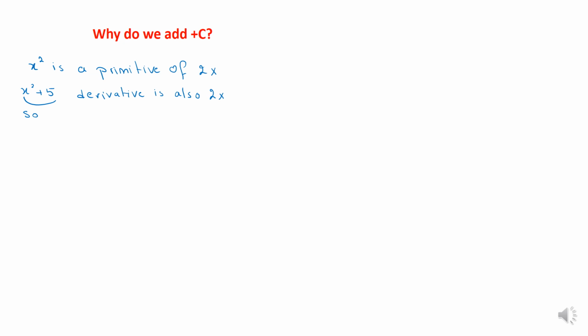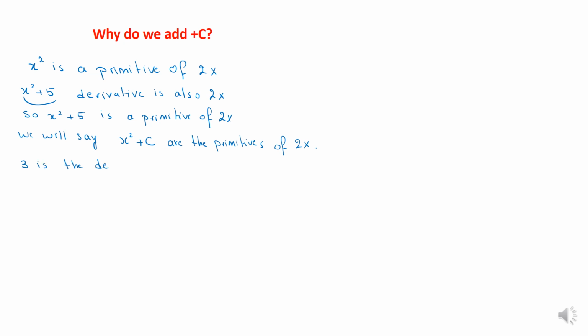So x squared plus 5 is also a primitive of 2x. In order to generalize, we will say x squared plus c are the primitives of 2x.